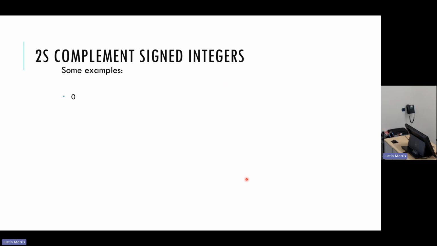So some examples. What's 0 if we were doing this? All ones. Yes. What's 0? 0. I mean, 0 is positive, right? So it's all zeros. Okay. -1.